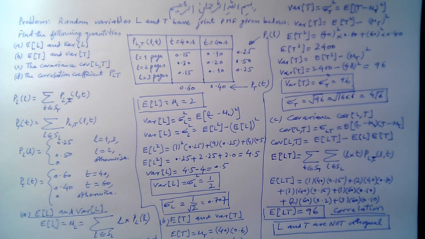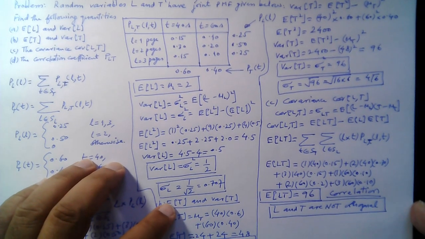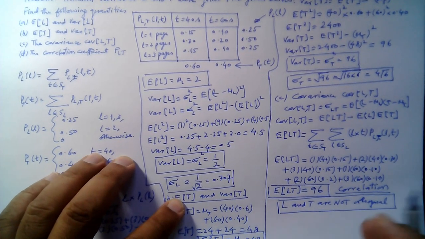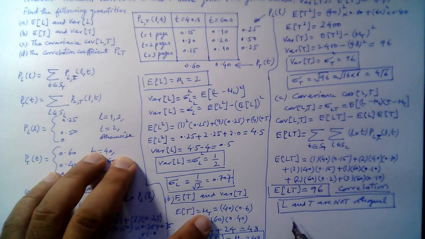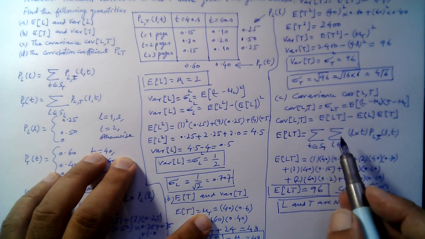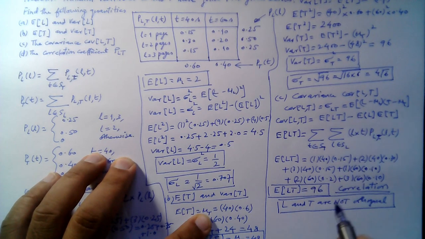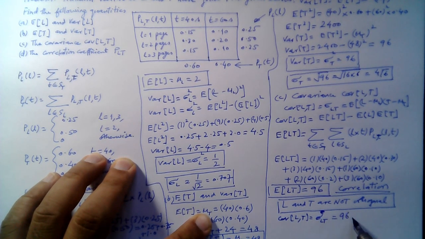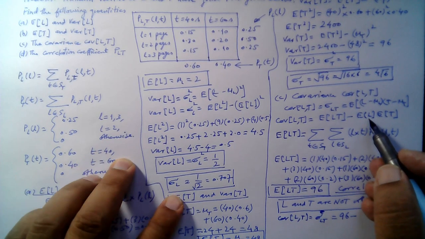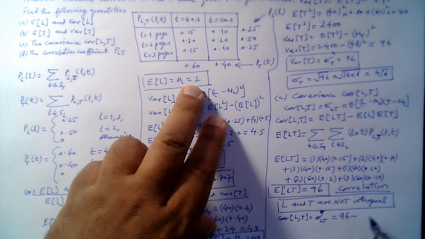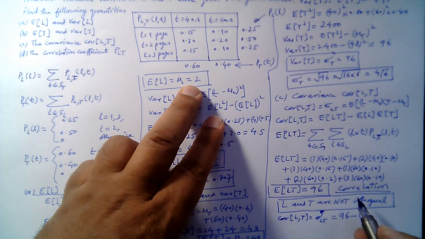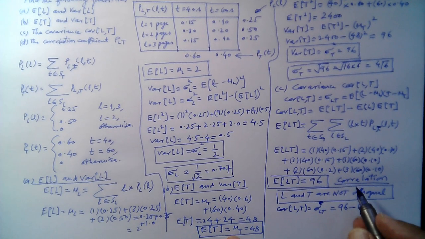So let's now find the covariance of random variables L and T. We can substitute these values here. Covariance is 96 minus expected value of L, which was 2, and expected value of T, if you would remember, was 48, right?